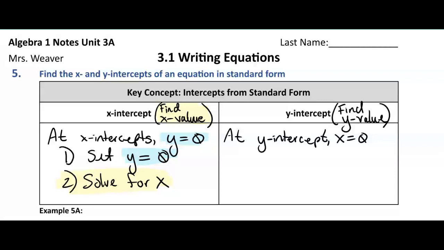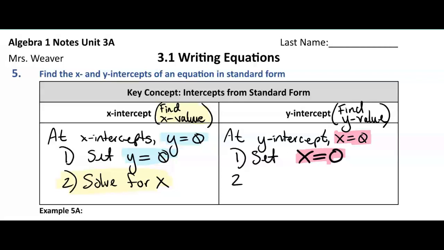That x equals 0. So I'm going to start, number 1, with setting what? X equal to 0, because that's the only thing I start out knowing, is that x equals 0. That's where I start, because that's the thing I know.